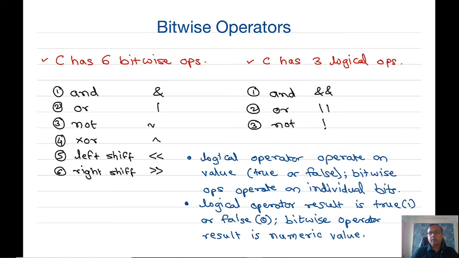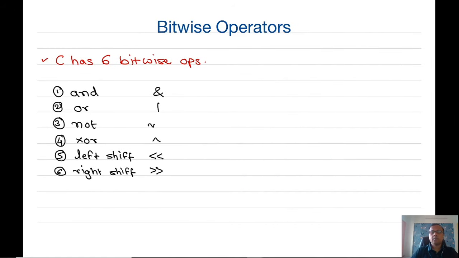So here we begin, and the first thing that we want to discuss today is which bitwise operators are there in the C language. The C programming language has six bitwise operators.